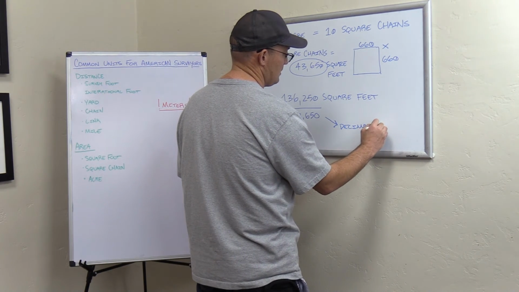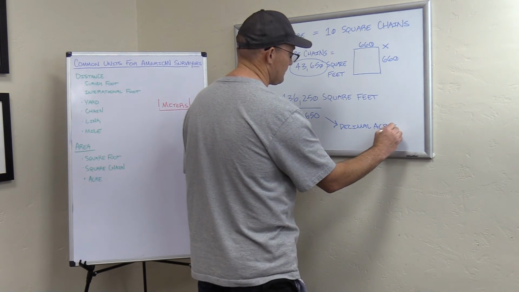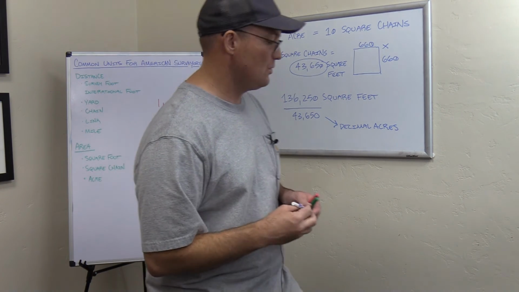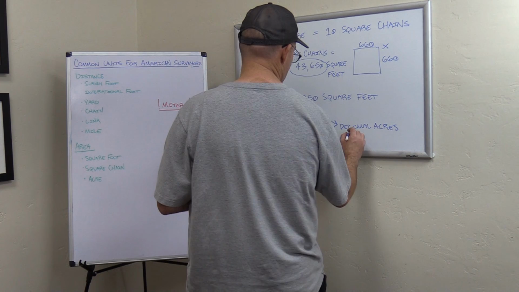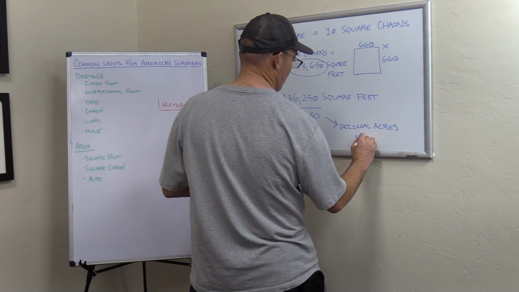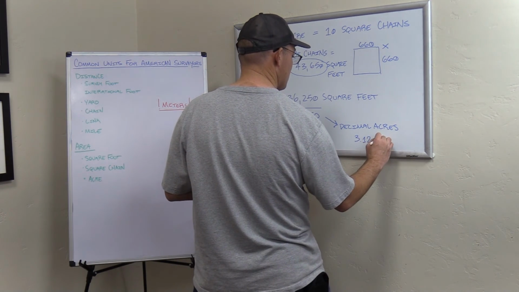So let's do that math. 136,250 divided by 43,650 is 3.12. I usually go to the hundredth of an acre, so it's 3.12 decimal acres.